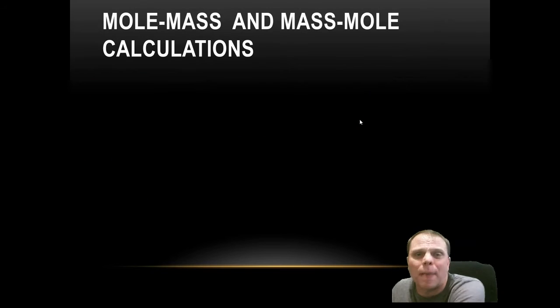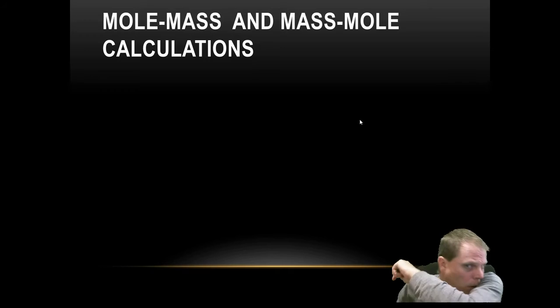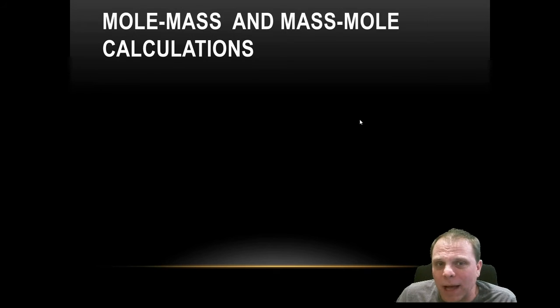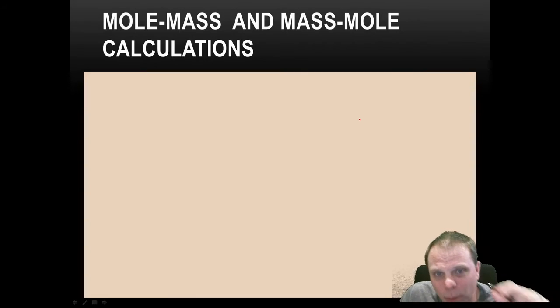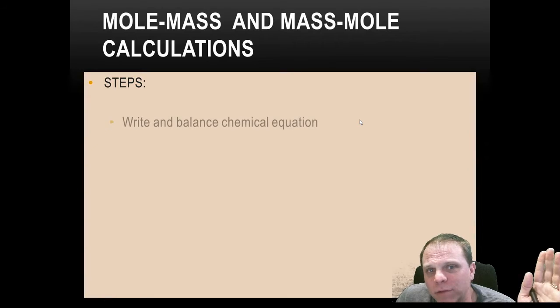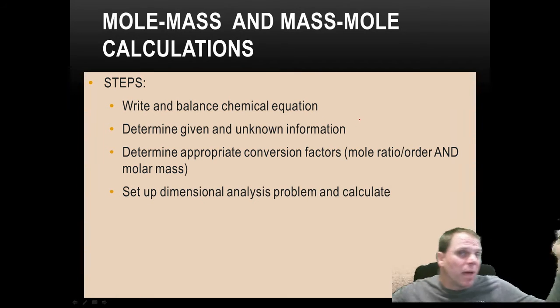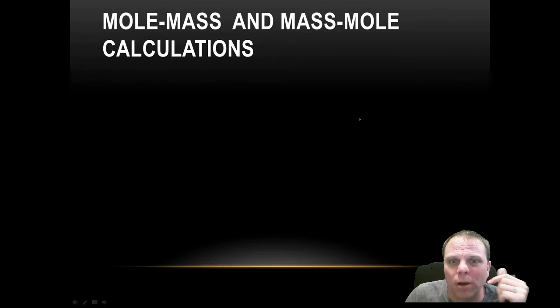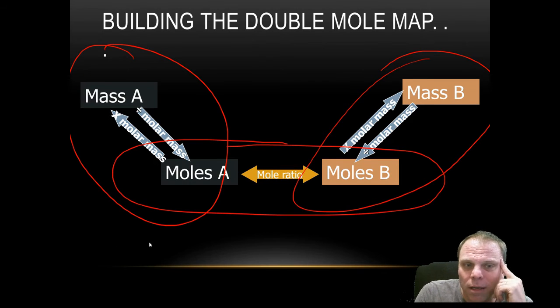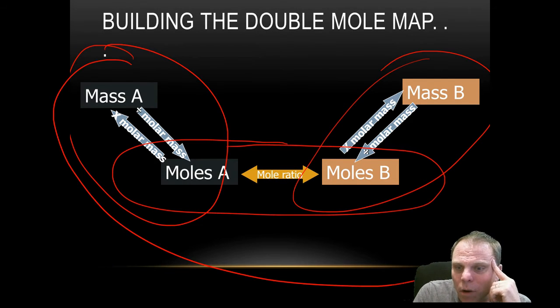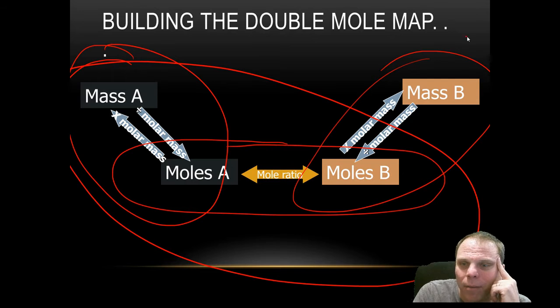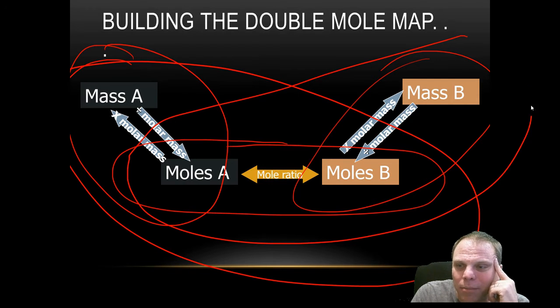That's the full map of everything you need to know. Mole to mass and then mass to mole calculations are going to be just a portion of that, right? So let's say I'm doing a mole to mass or a mass to mole calculation, so I'm not going from mole to mole, I'm not going from mass to mass. I'm doing the other parts, right? So if we go back to this little part, I'm going either from mass to mole, or I'm going from moles to mass, right?